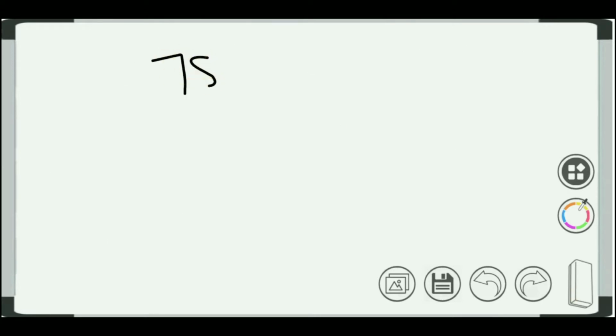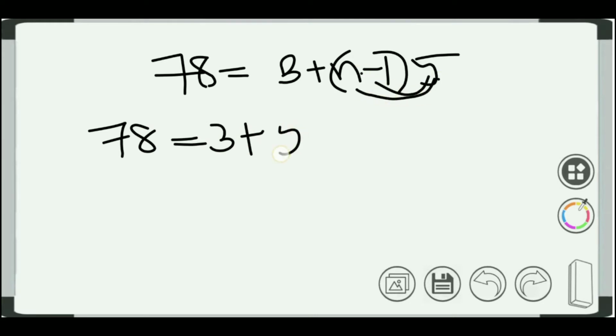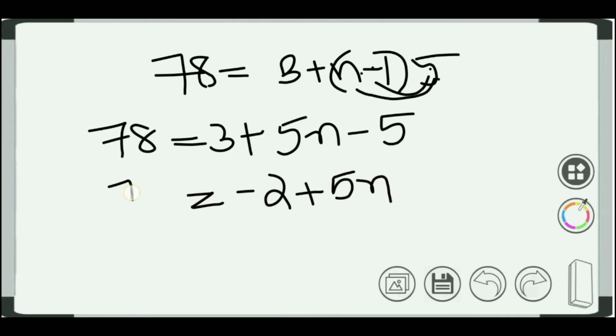I'm giving this 5 to both n and minus 1: 5 into n is 5n, 5 into minus 1 is minus 5. 3 minus 5 is minus 2. So minus 2 plus 5n is equal to 78.